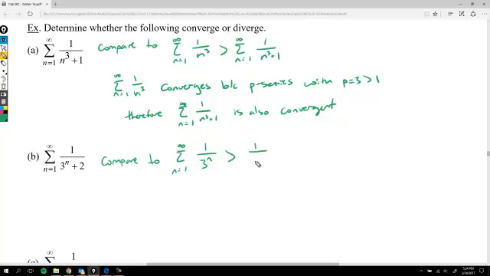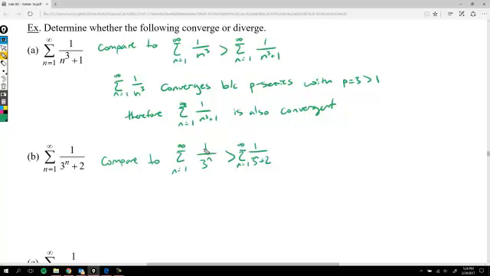This is larger than my given sum. And again, if you get confused about that, plug in a couple numbers and see which one starts off bigger. But I know that this is larger because my denominator is going to be smaller, so my numbers are bigger. So I'm picking a larger series that I know is convergent.